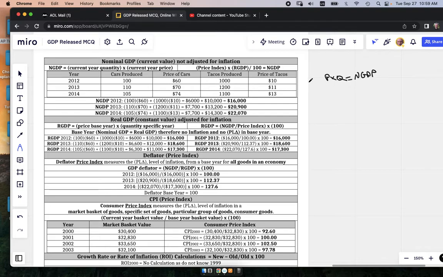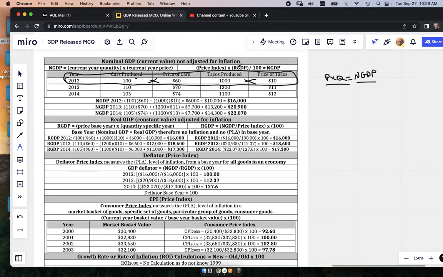That's important to just know because they're going to give you something like this where they give you cars produced, they give you the price of cars. Now, this is 1 year, this is 2012 here. And what we see is there's two goods being produced: cars, price and quantity; tacos, price and quantity. To get the nominal GDP for that year, you've got to multiply those and then add them together. So price times quantity, pretty simple.